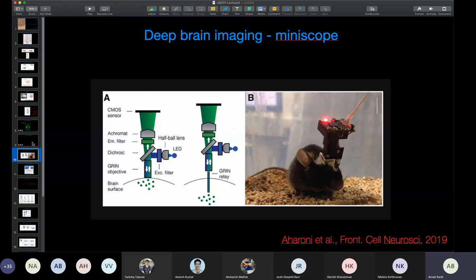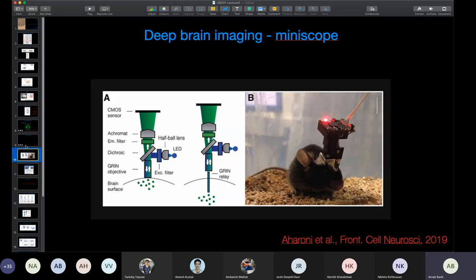So they have developed this technique called Miniscope imaging, where this is a head-mounted fluorescent microscope. It's actually something very simple. You use a cell phone camera sensor. They have a lens and a small light source, which is a green LED, and a lens that you can install inside the brain, and it collects the light.